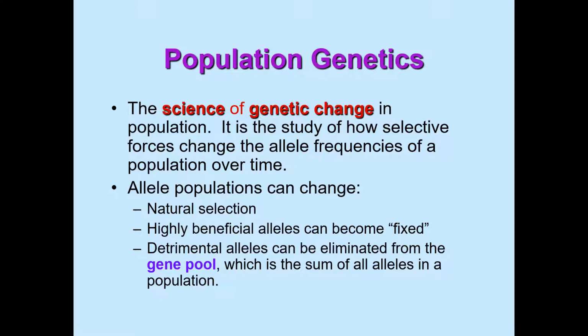And these highly beneficial alleles can become what's called fixed. When they're fixed, that means that every individual of a population will carry that allele. And alleles that are detrimental or not helpful can be eliminated from the gene pool. It's good to know a gene pool is just the sum of all alleles in a population. So keep that in mind.